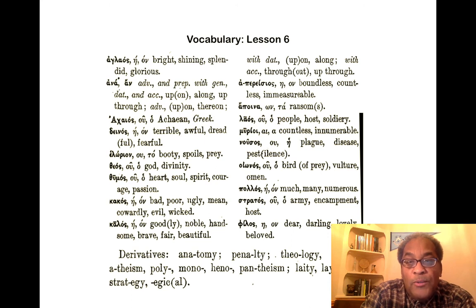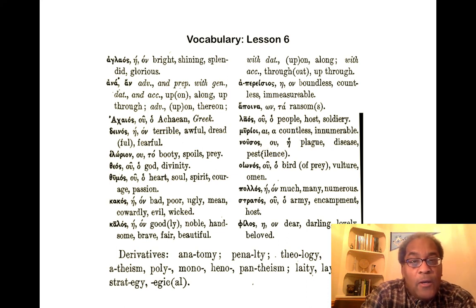Nesos, nesou, he, an example of one of the feminine second declension nouns. Oionos, bird. Paulos, paule, paulon. Stratos, stratou, ho stratos. And philos, phile, philon.